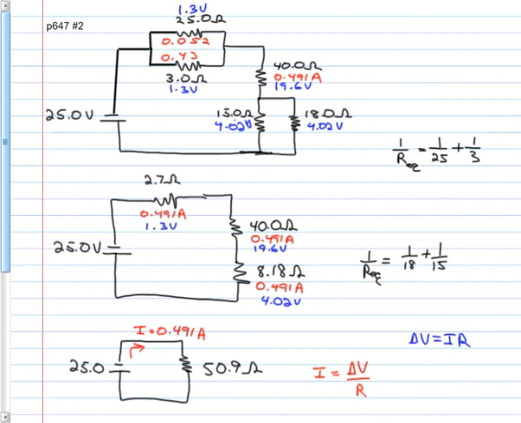So coming over here, let's get on the 15 ohm resistor. How much current is coming through? 0.268 amps. And how about on that 18 ohm one? 0.223.